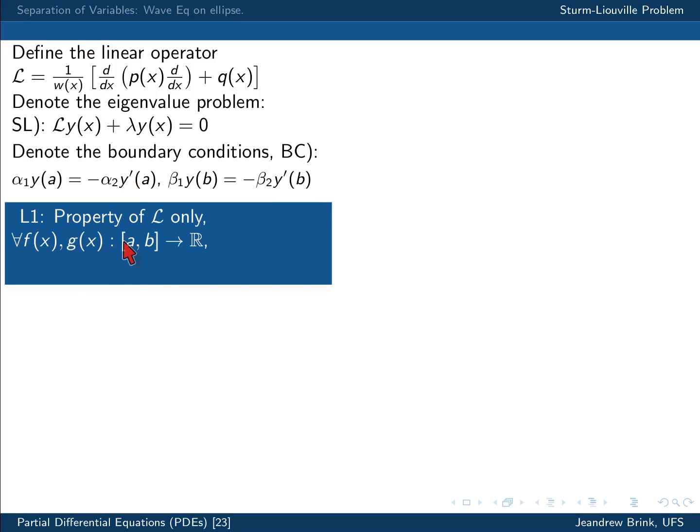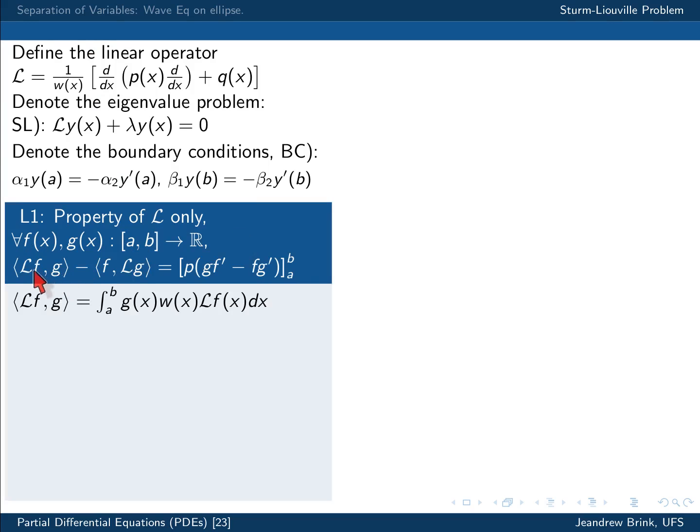That property is, for any function that maps the interval AB to the real values, the following is true. Suppose you apply the linear operator to f, and you take the inner product with g, and that inner product is simply the thing we defined in the previous lecture.